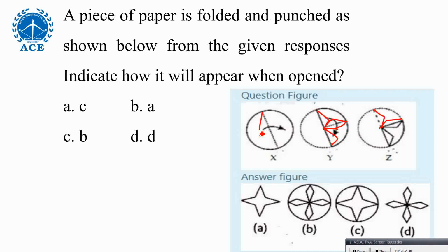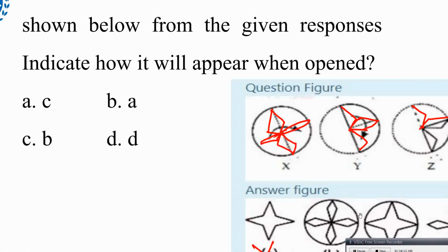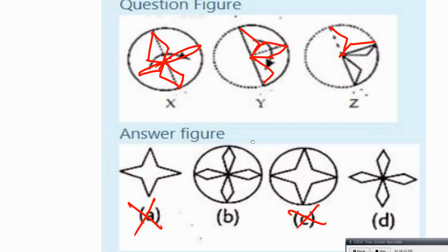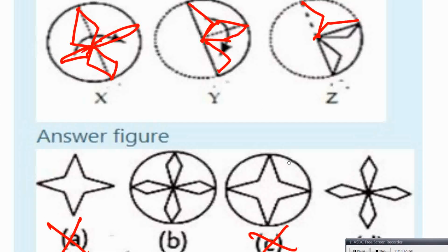Next, if you unfold, both sides will come. Fine, we'll get a shape similar to B and D, but that paper is in circle shape. So whether the circle is to be considered, the dotted lines have no clarity.